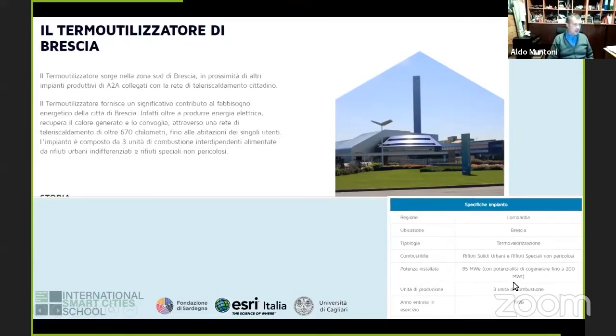And you can see here all the data related to the amount of energy which is recovered by this plant.